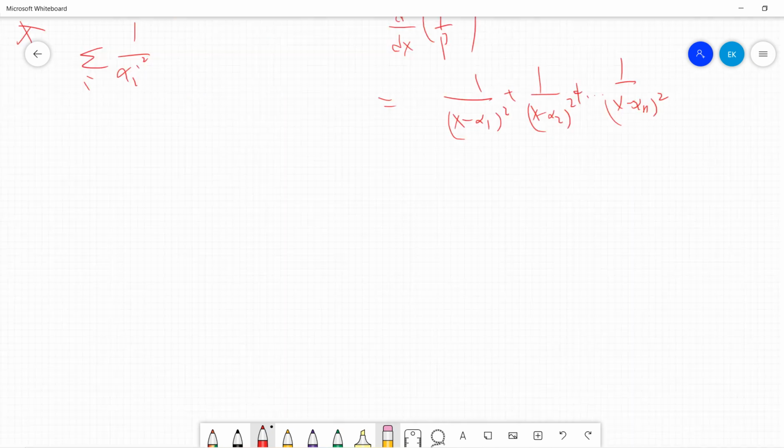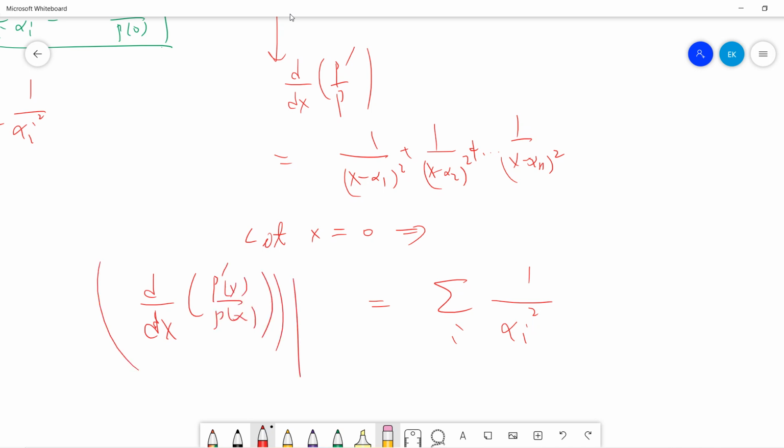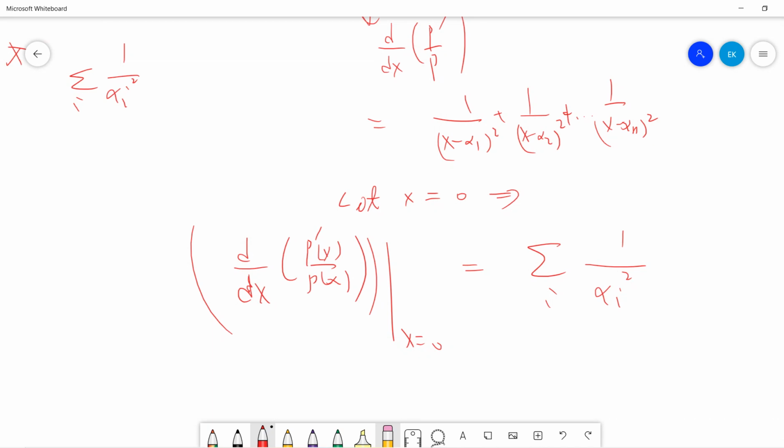Now you see the trick: we just let x equal 0, then we will get the answer, the sum of inverse alpha i squared, which is d/dx of p prime of x over p of x at x equals 0, giving p squared, p double prime and p prime squared.